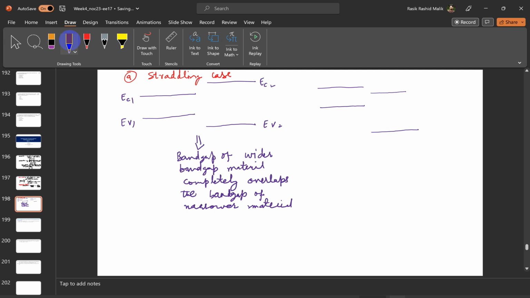Okay, so in this type we have the EC1, EV1, we have EC2, EV2. So here there is partial overlap between the band gaps. So this type of junction is called a staggered heterojunction.